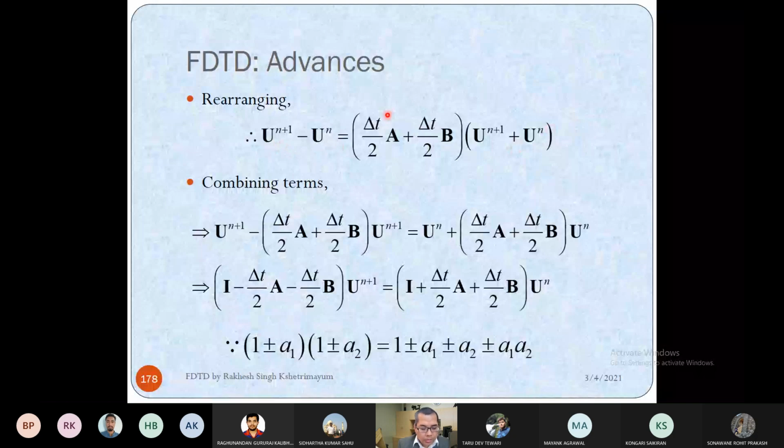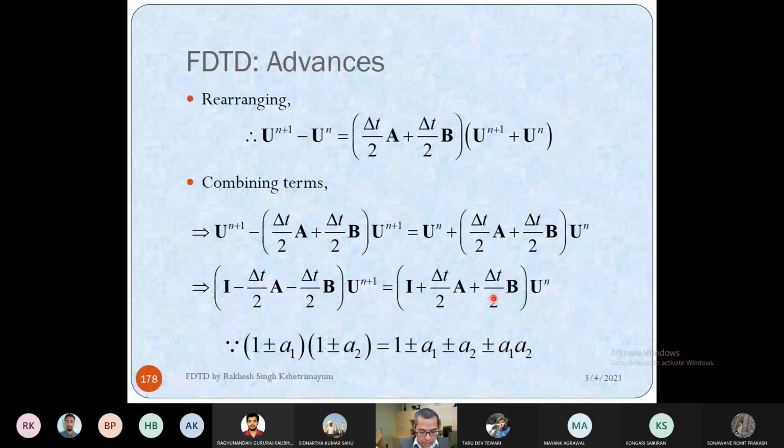Finally, we can simplify it as: the identity matrix minus delta t by 2 A minus delta t by 2 B, times U^(n+1). On the right hand side, we have the identity matrix plus delta t by 2 A plus delta t by 2 B, times U^n. Now I want to simplify these equations.